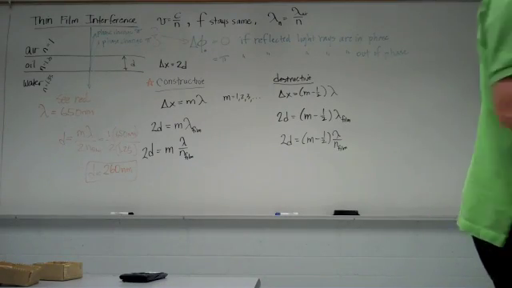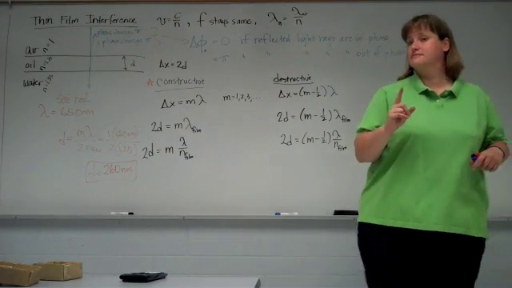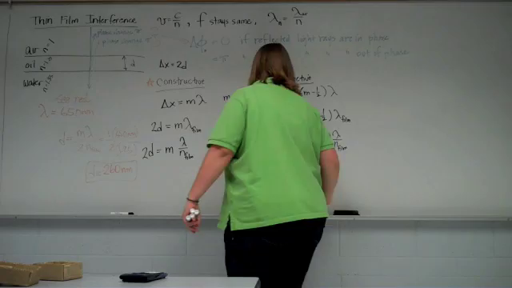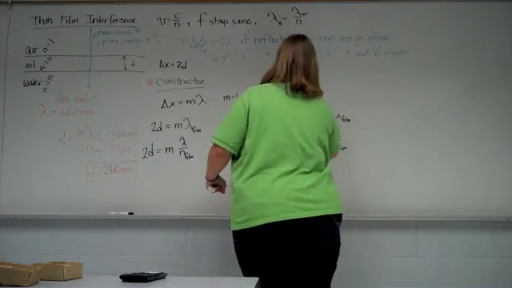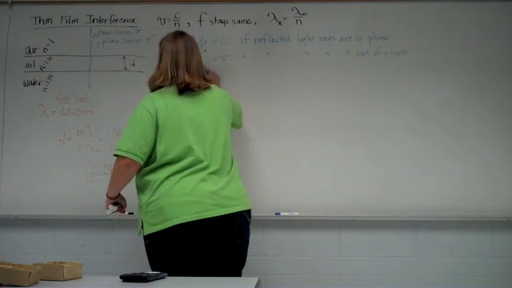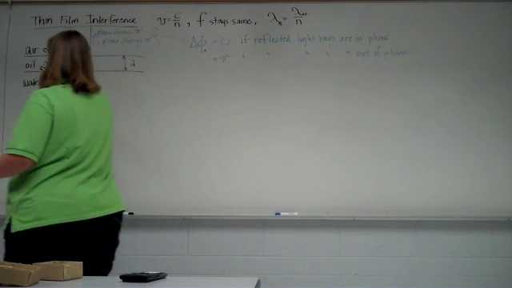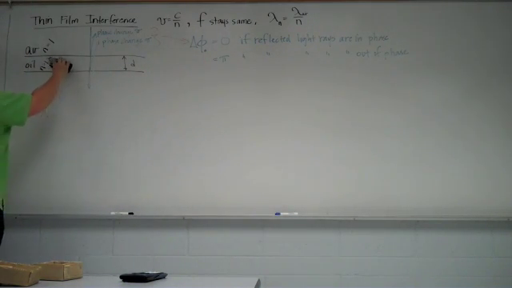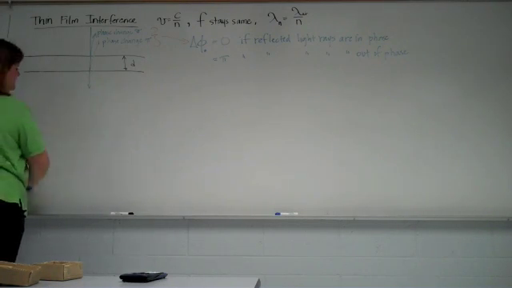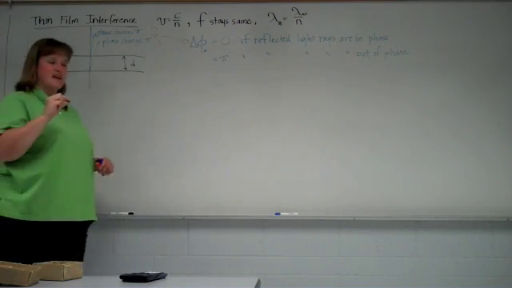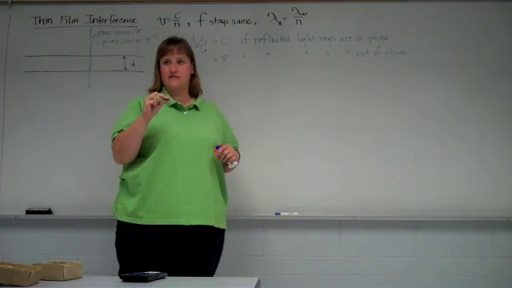So what's the thin film in this case? Air. There's a little bit of air between those two pieces of glass. So let's look at that example. I'm just going to modify our picture is all. Now the glass itself is thick enough that it cannot play a role as a thin film.